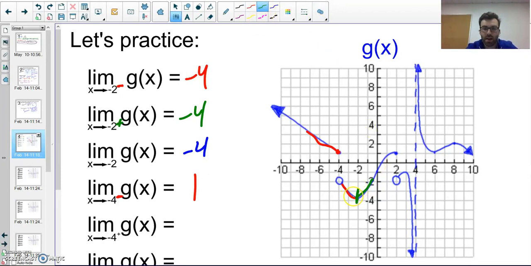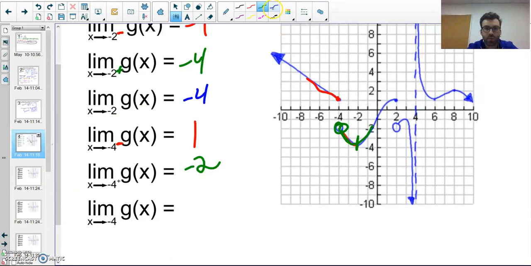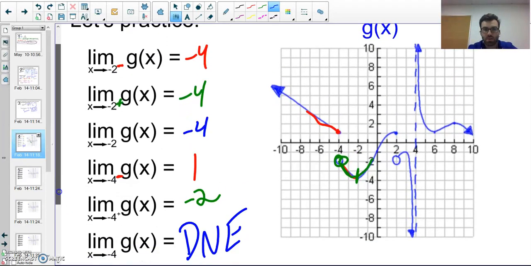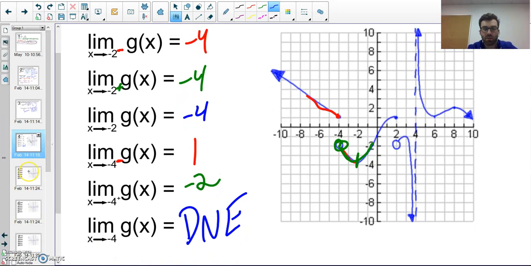As f of x approaches negative 4 from the right, x goes to this value, negative 2. Well, these two numbers aren't the same, so the overall limit does not exist. Please rewatch it if you have some questions or if you have some issues.